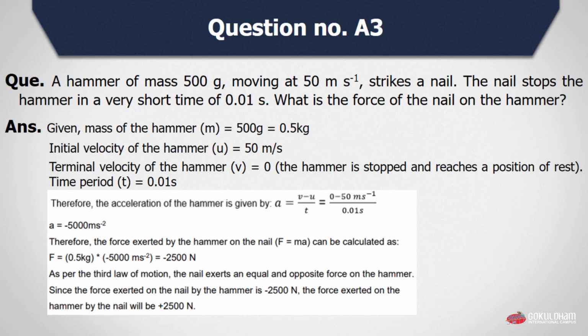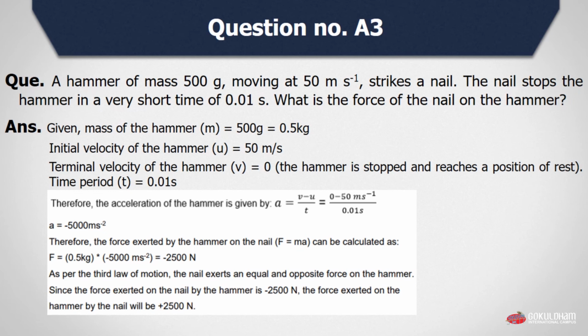From this, the acceleration of the hammer is given by a equals v minus u by t. Substituting the values, we get 0 minus 50 meter per second, which is our initial velocity, divided by the time, which is 0.01 second. So we get the acceleration as minus 5000 meter per second square.